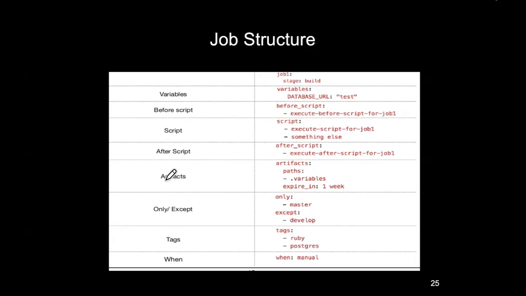You specify that artifact in the artifact section of the job that creates it. Then other jobs can simply refer to that artifact and access it within their own script. It'll automatically be made available to them by GitLab.